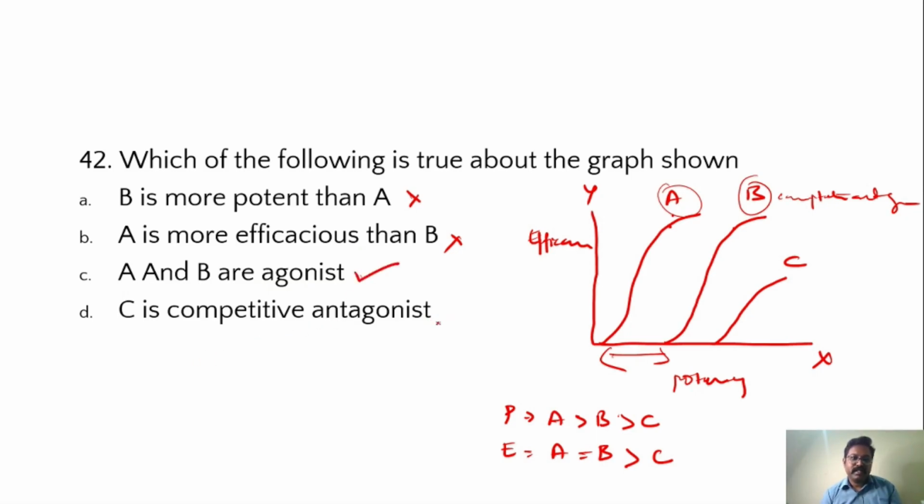If C was competitive antagonist, it would have shown the graph like this, the rightward shift. So here the efficacy has decreased. So there is a downward fall of drug B response. So it is not a competitive antagonist. It is a non-competitive type of antagonist. So here the right answer will be the C, that is A and B are agonist.